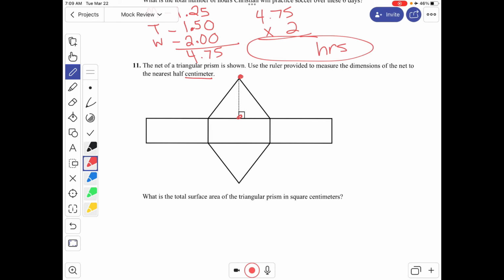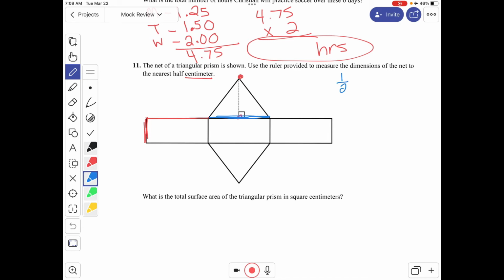You want to measure the height of the triangle. Then you want to measure the rectangle. And I bet that the base of the triangle is the same, but you might want to check. So measure it. And then we have to find the area.